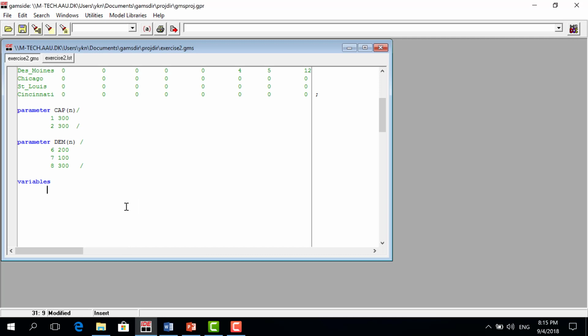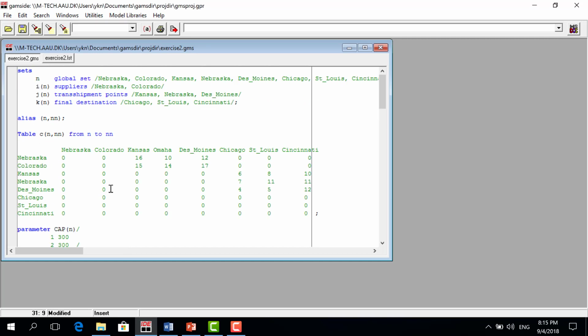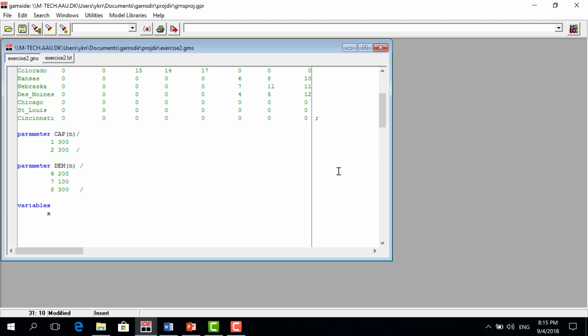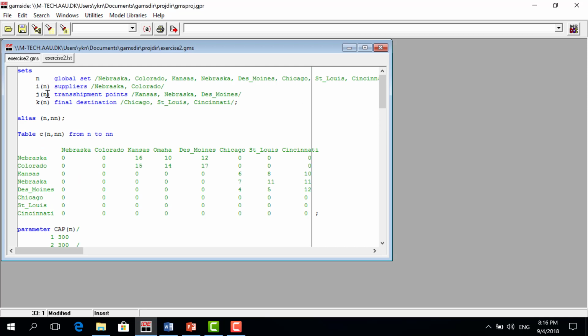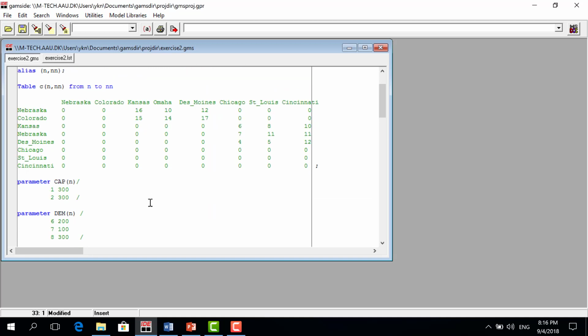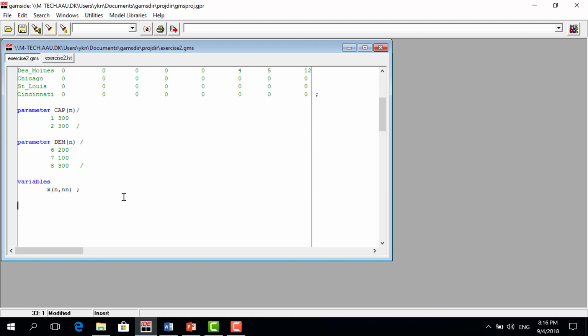Because we represent ijk as n, as ijk is included in the global set n, we can put variables x and comma mm, which will be written in GAMS. This covers delivery x from I to J, or I to K, or J to I, K to J, or even I to I. So it is a kind of generalization of the index.